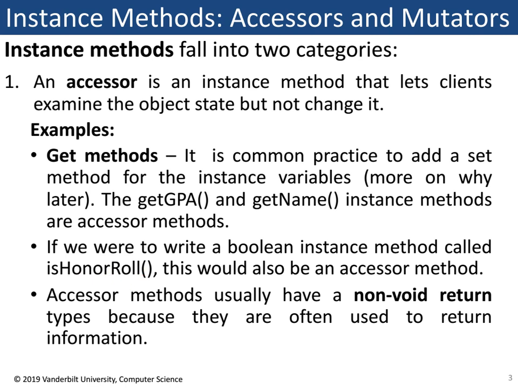IsOnARoll is an accessor method. So it accesses information and returns true or false based on the information stored in the student instance. And accessor methods typically have non-void return types, which makes sense because we are wanting to get information. We are accessing the information stored in the object. So the return type shouldn't be void, otherwise we wouldn't be able to return anything to the caller.